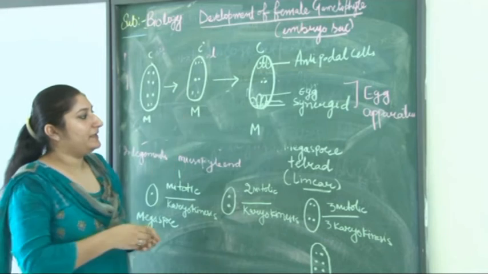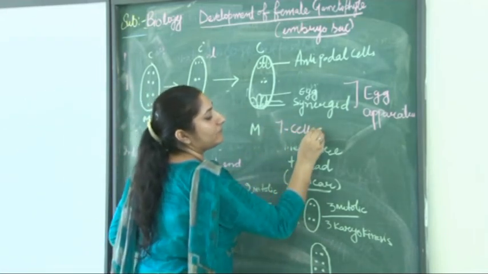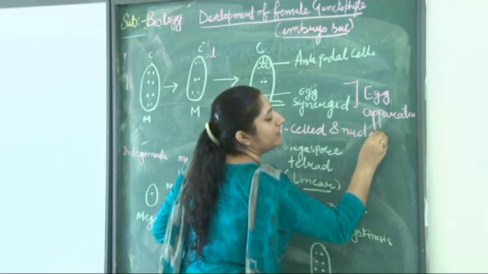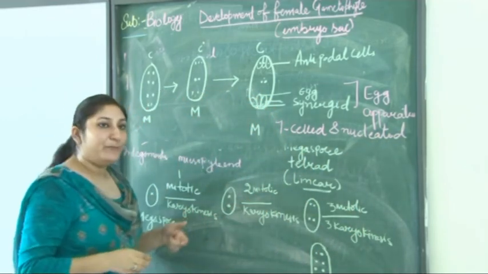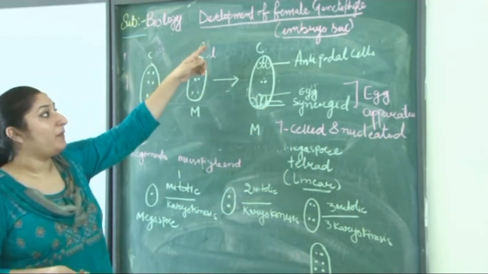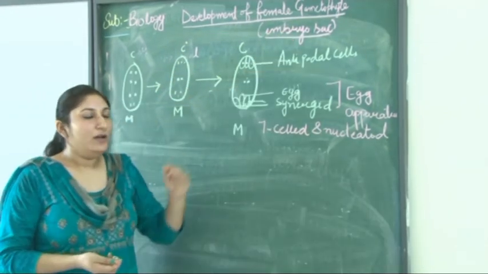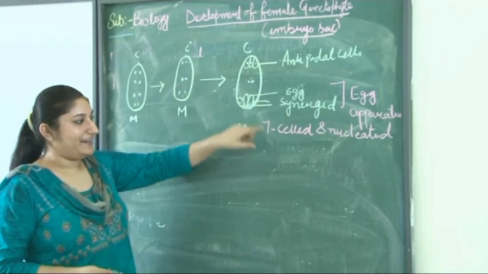This structure will become a 7-celled, 8-nucleated structure, and this is called the embryo sac, the female gametophyte.